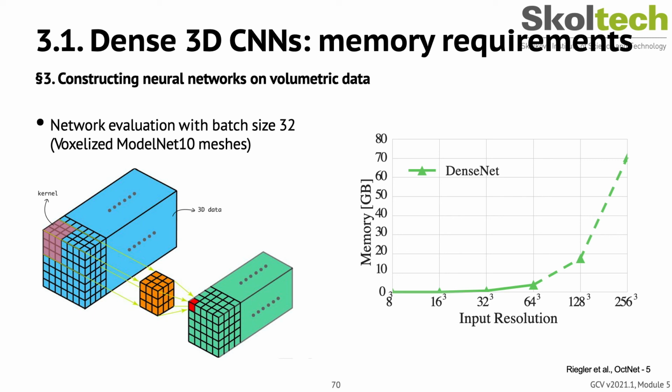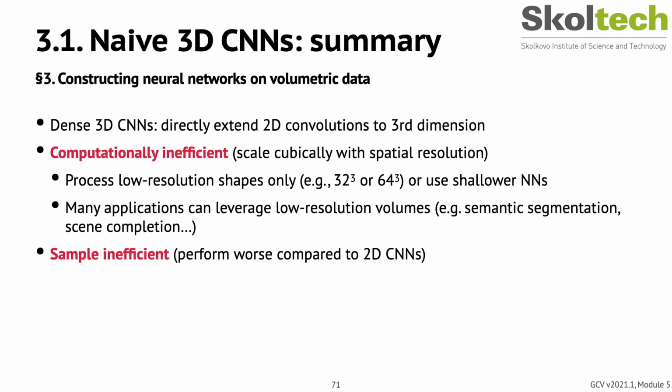For example, to infer at 128 resolution, you would be required to already have 20 gigabytes of GPU memory, which is prohibitive in most situations. Most current GPUs only have like 16 gigabytes of memory. And this is due to the nature of 3D convolution, so we cannot escape the curse of dimensionality in this case.